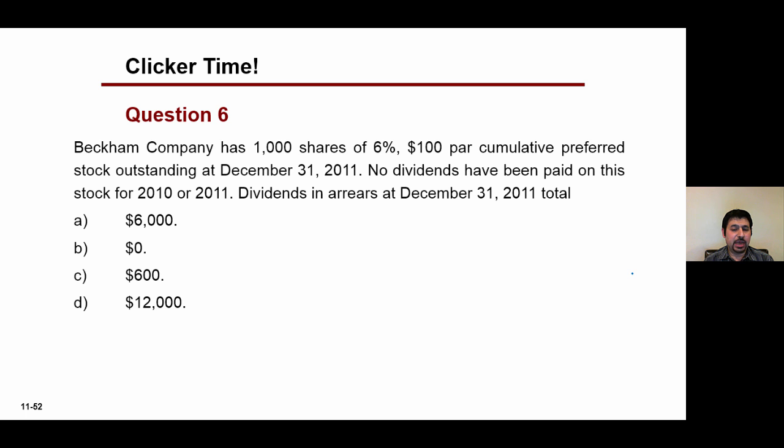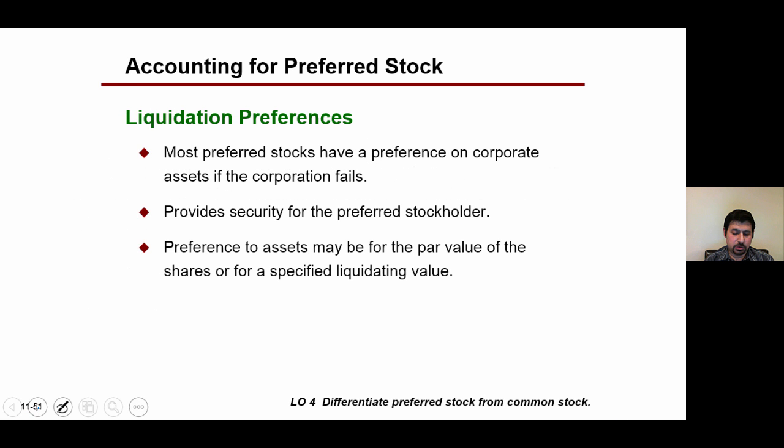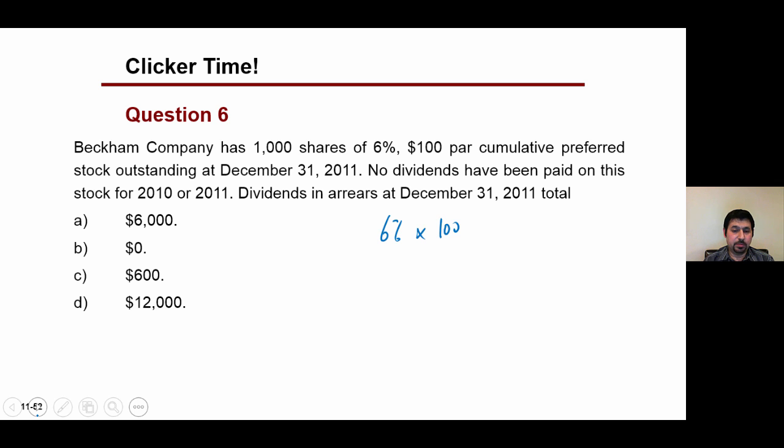So the dividends that will be in arrears at the end of the year will be 6% multiplied by $100 par value, multiplied by 1,000 shares, which is $6,000 per year. This is for 2 years. As a result, the answer will be 12,000.